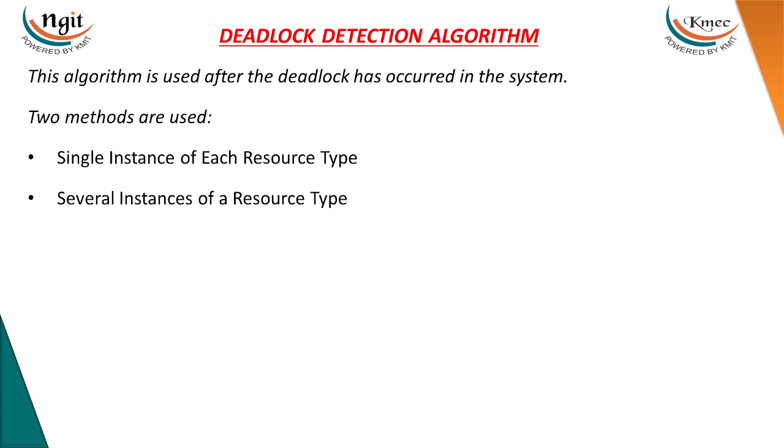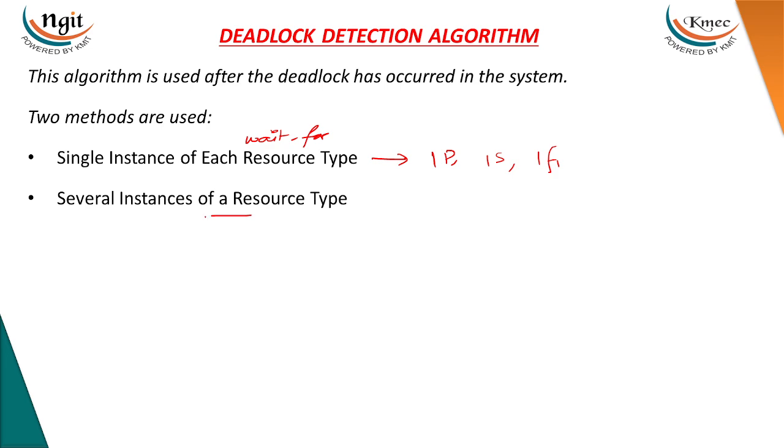So there are two types. First one, if a system has each resource with only one instance, that means there is only one printer, one scanner, one file that is shared, then we can use a resource allocation graph, a modified version of it, that is the wait-for graph, to find whether a deadlock occurred or not.